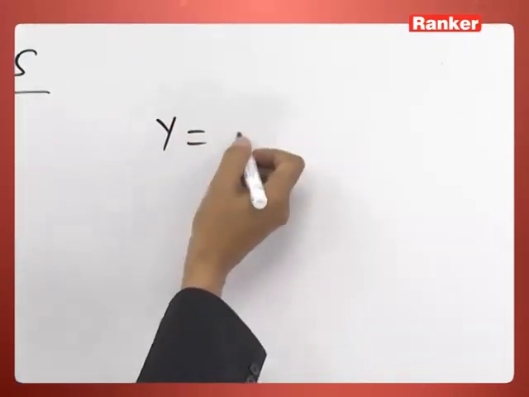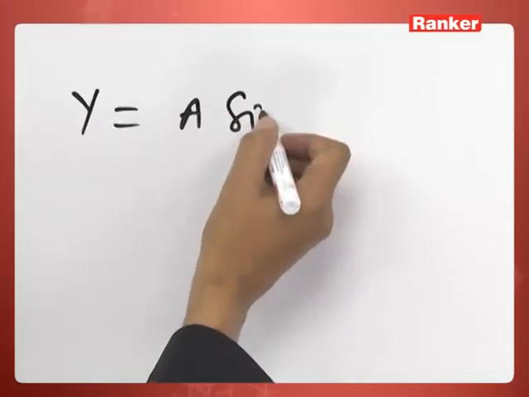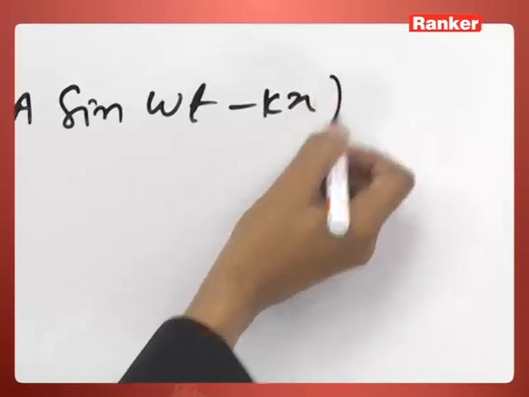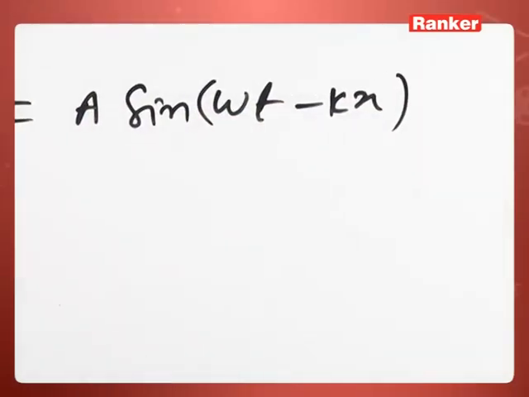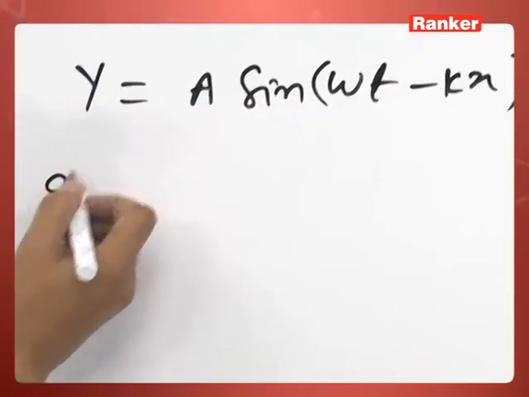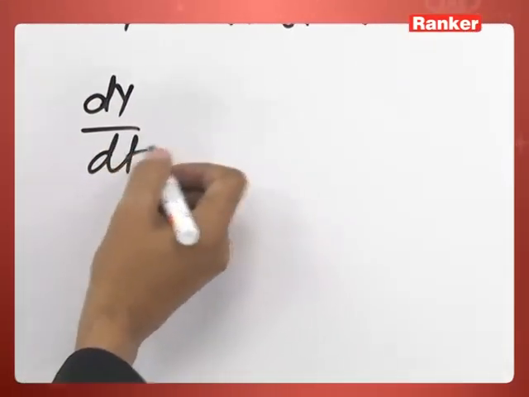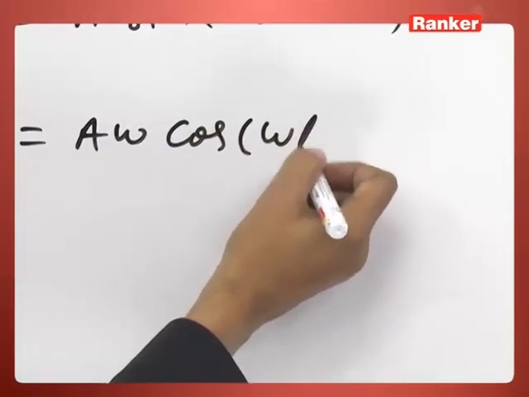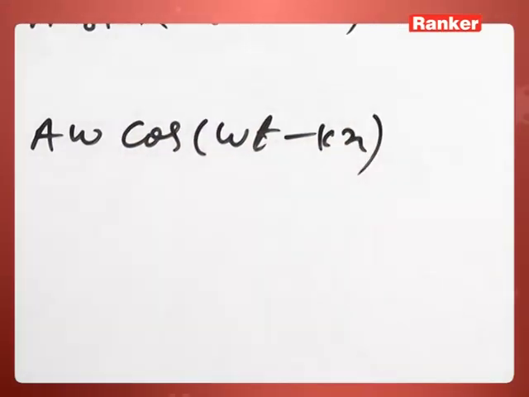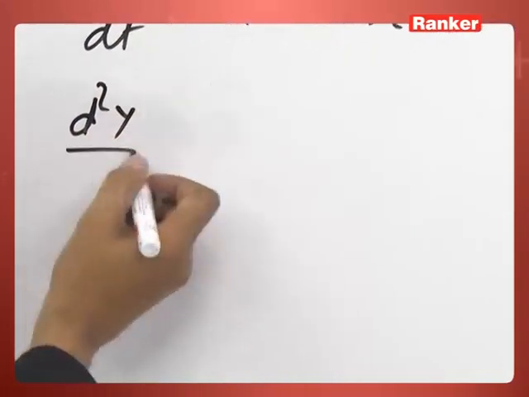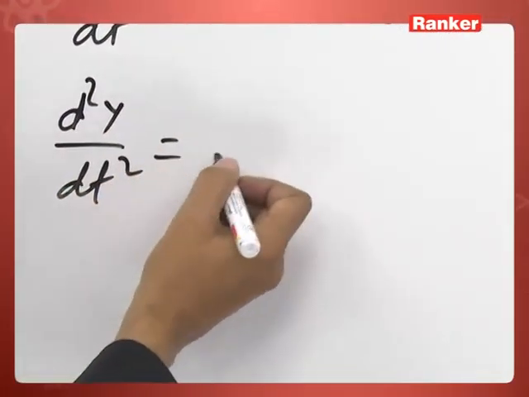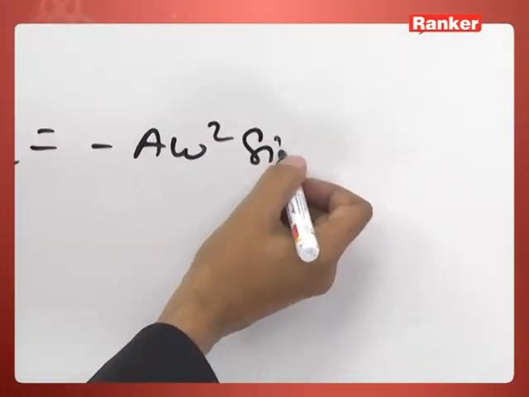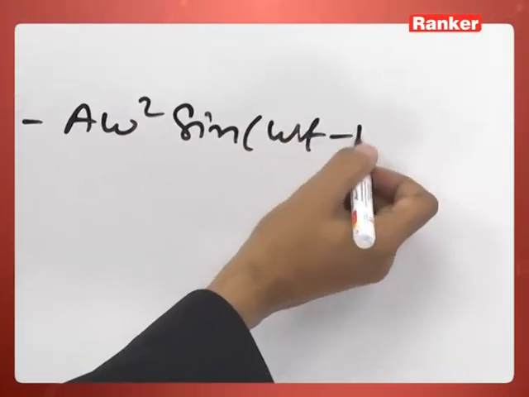The progressive wave equation is written as y is equal to a sin(omega t minus kx) or (kx minus omega t). See, dy by dt we can say is a omega cos(omega t minus kx), and d2y by dt square is minus a omega square sin(omega t minus kx).